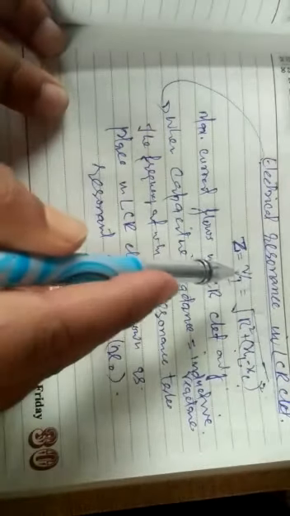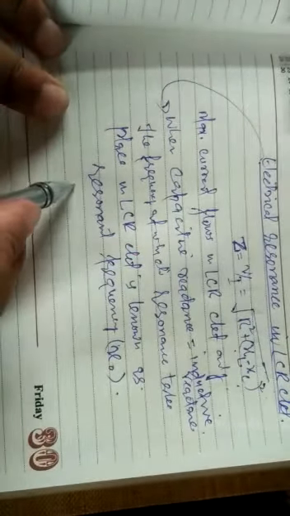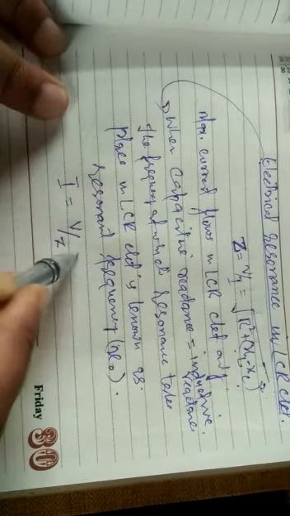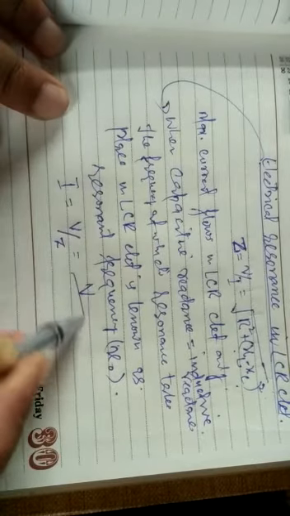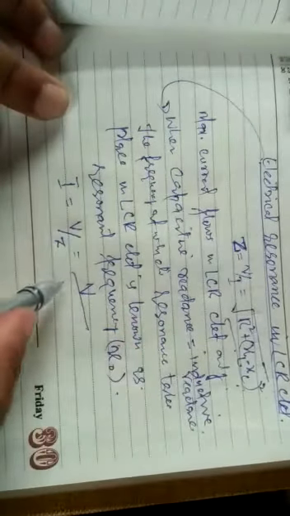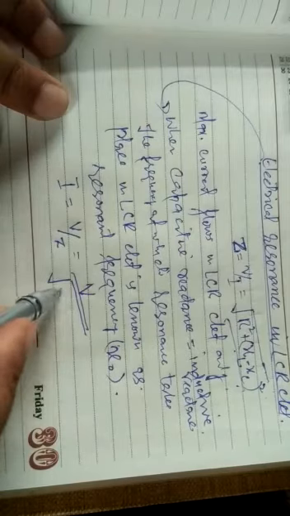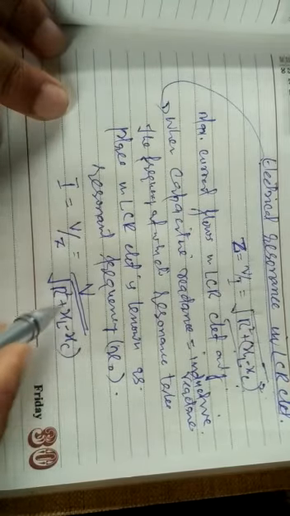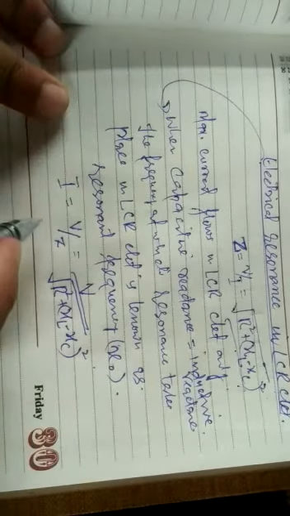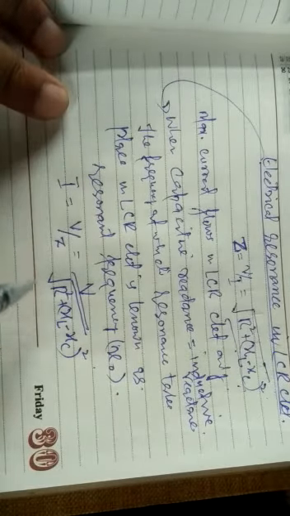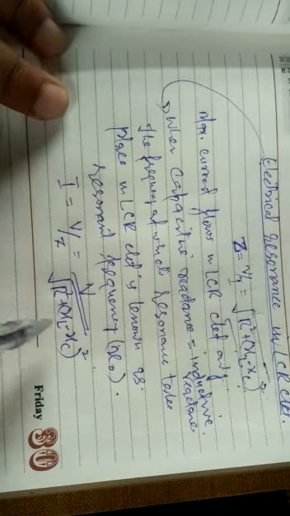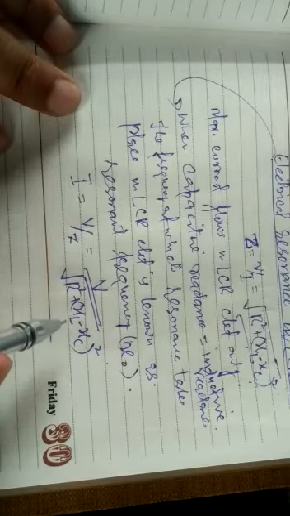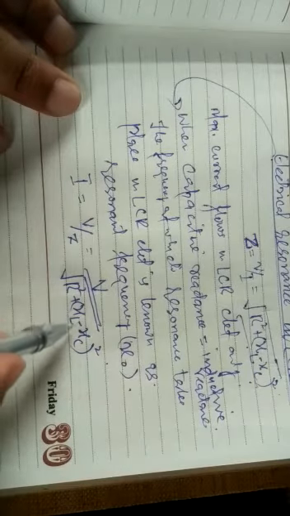So in case of an LCR circuit, from this equation we can write the current I equals V over Z, or V over the square root of R square plus (XL minus XC) whole square. Once the maximum current is in the circuit, we'll first replace XL and XC.